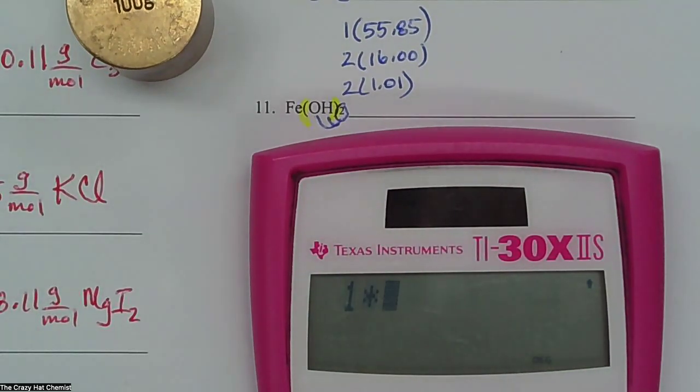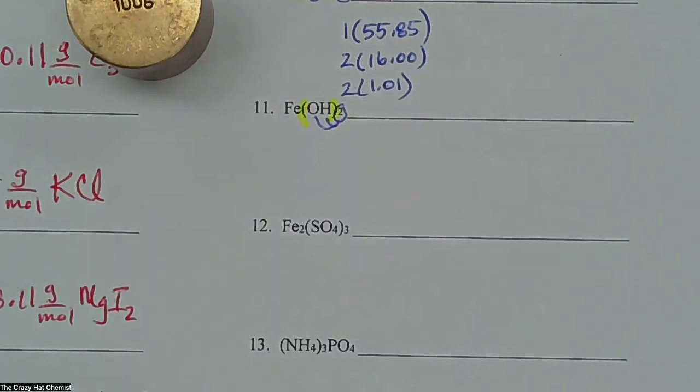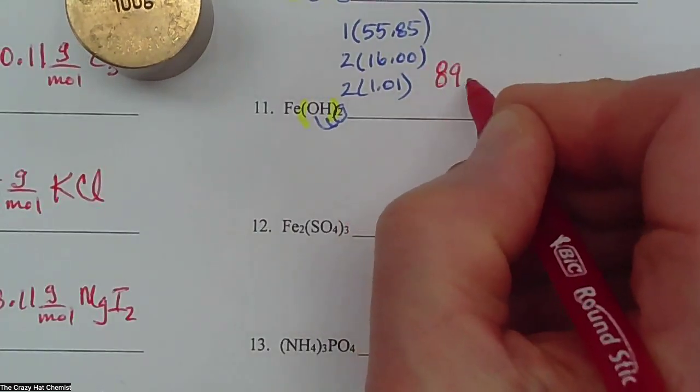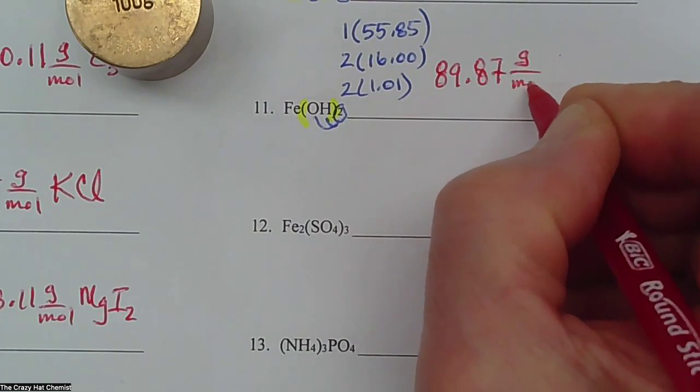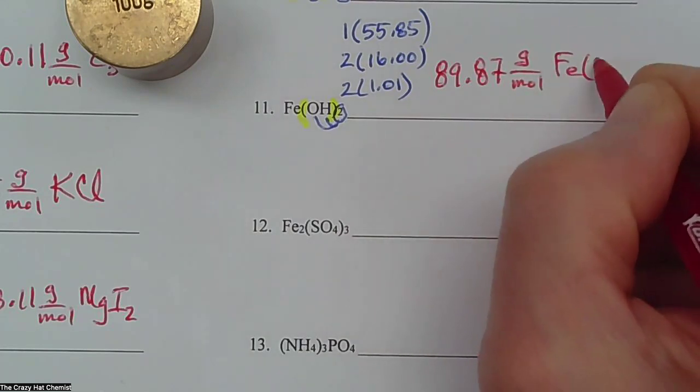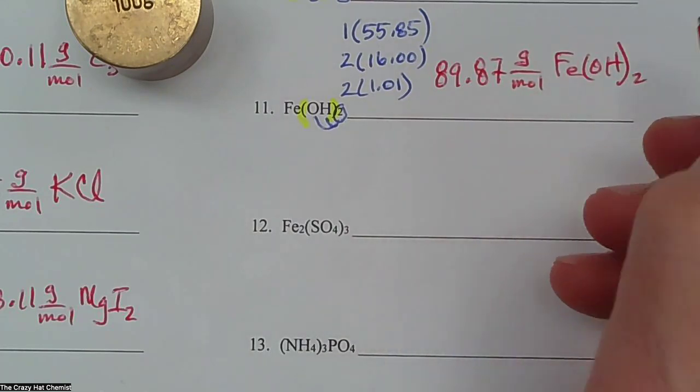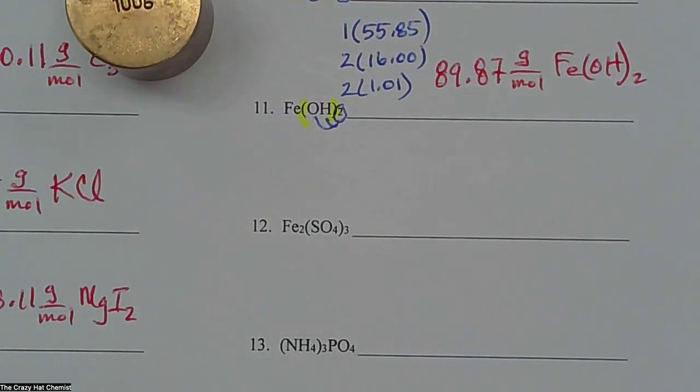That's 1 times 55.85 plus 2 times 16.00 plus 2 times 1.01. And I'm going to get the molar mass of 89.87. The units are grams per mole, and it's Fe(OH)2 for ferrous hydroxide.